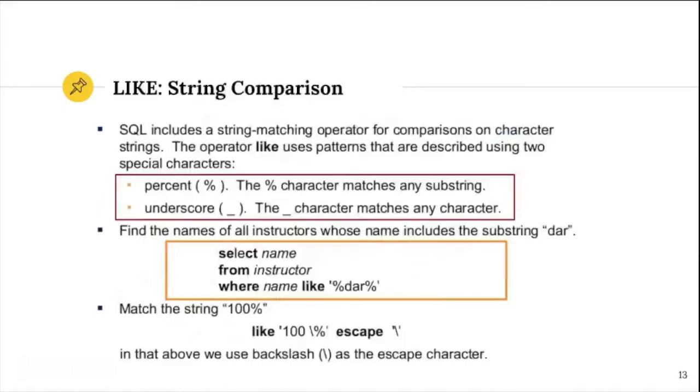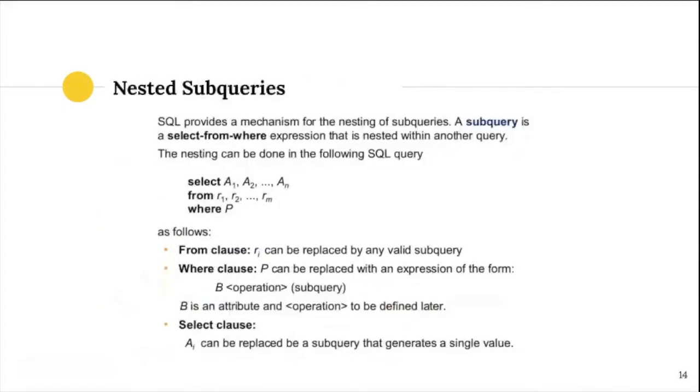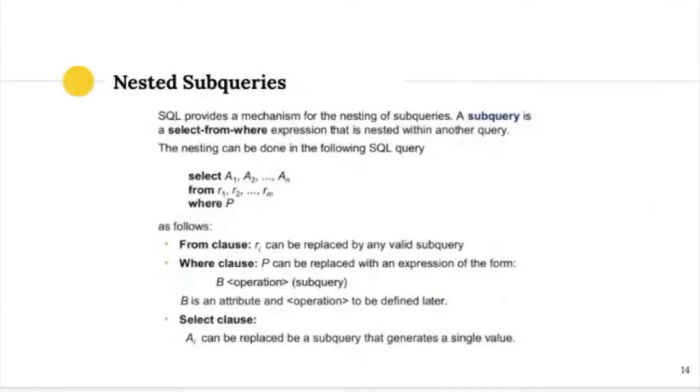Tapos, for the subqueries naman, katulad ng for loop, para meron ka ding loop, meron ka ring query within a query. Pero ang question mo, saan mo siya ipapasok? For nested subqueries, ipapasok mo yung itsura ng basic query mo sa loob ng R sub I na specify mo sa from.